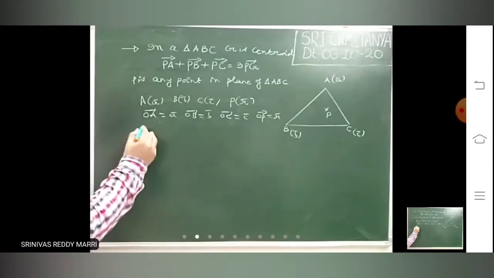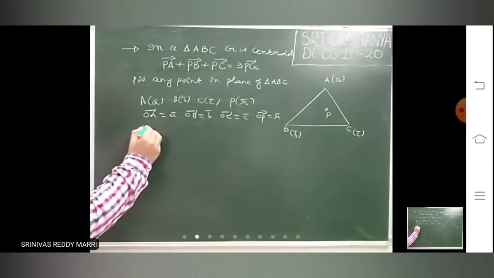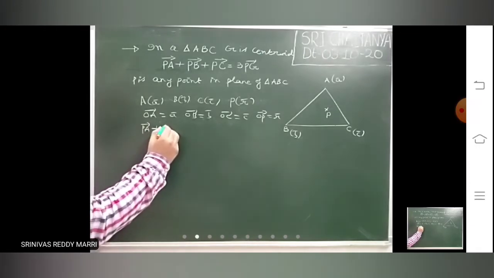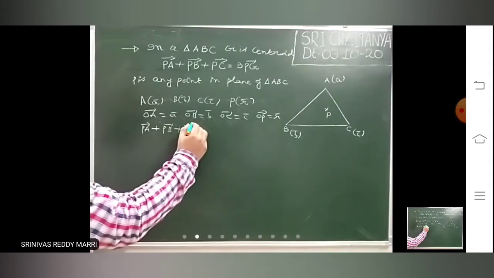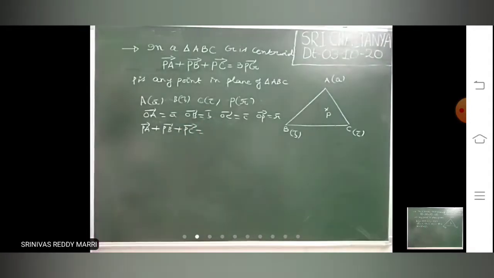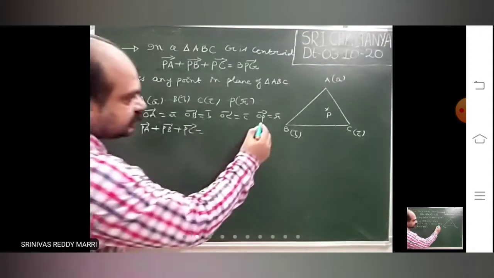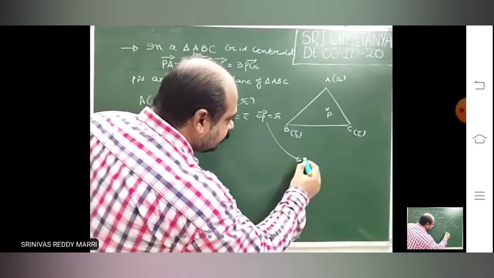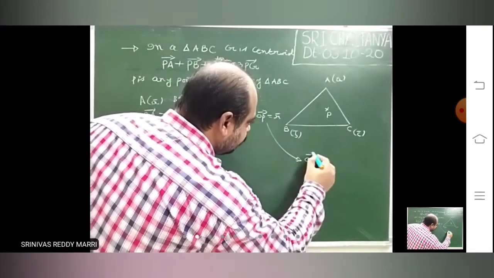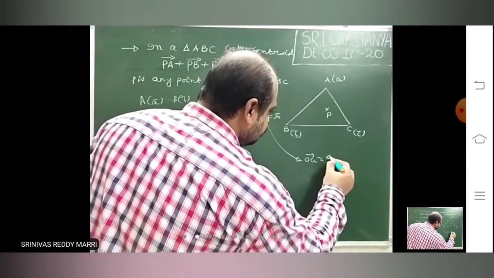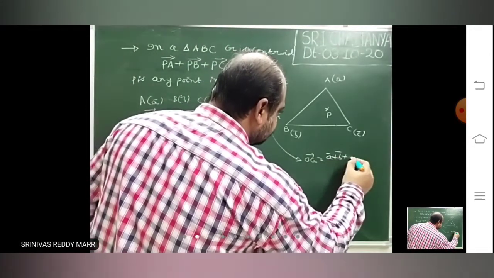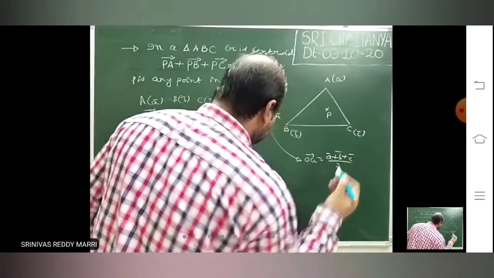Now PA bar plus PB bar plus PC bar is nothing but, from here, OG bar, the centroid position vector, is A bar plus B bar plus C bar divided by 3.